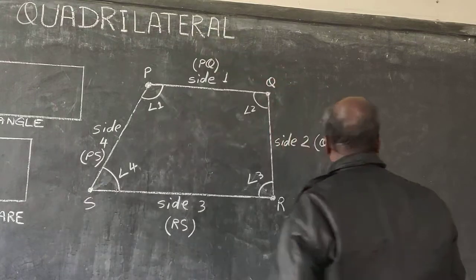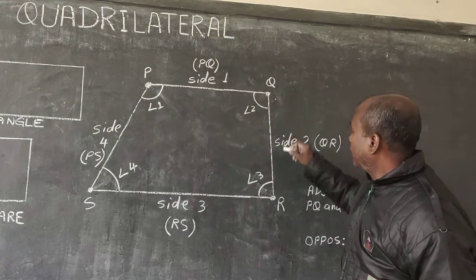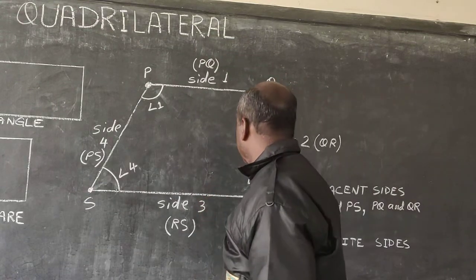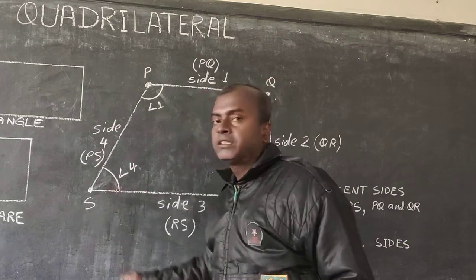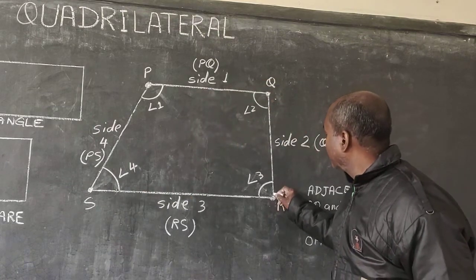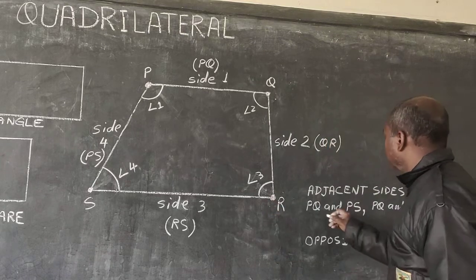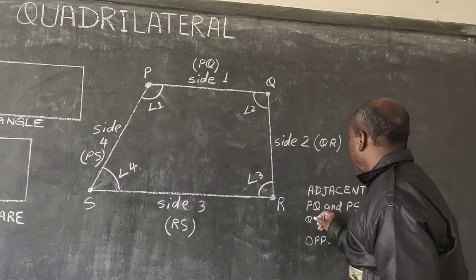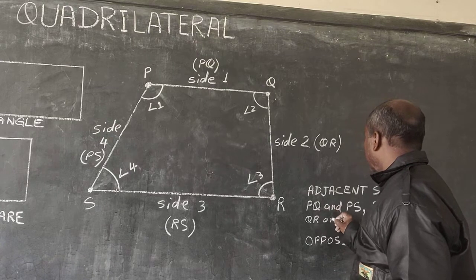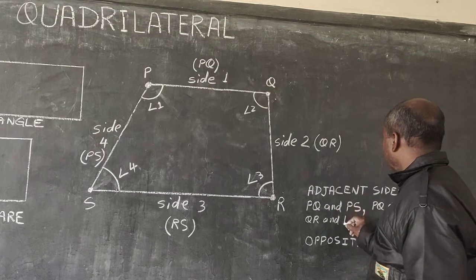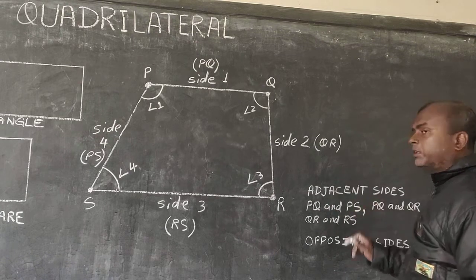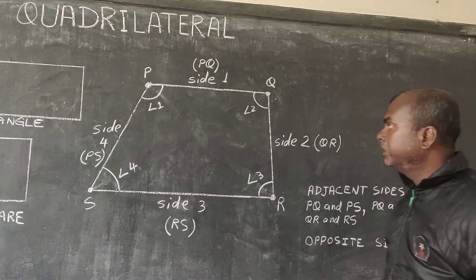Next, QR and RS, these also have one common vertex, one common endpoint, R. So, QR and RS are also adjacent sides.